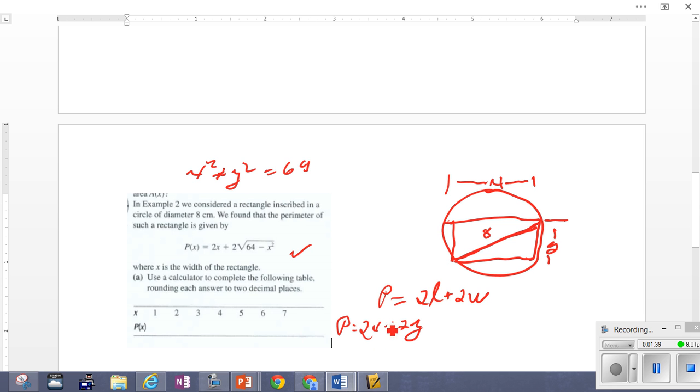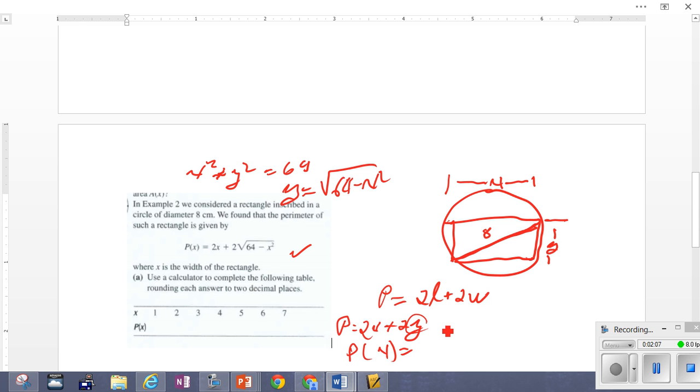So if we want the perimeter as a function of x, then we're going to have to resolve this expression for the perimeter down here, such that we can replace y in terms of x, and here comes our connection right there. So on that front, y is going to equal the square root of 64 minus x squared.